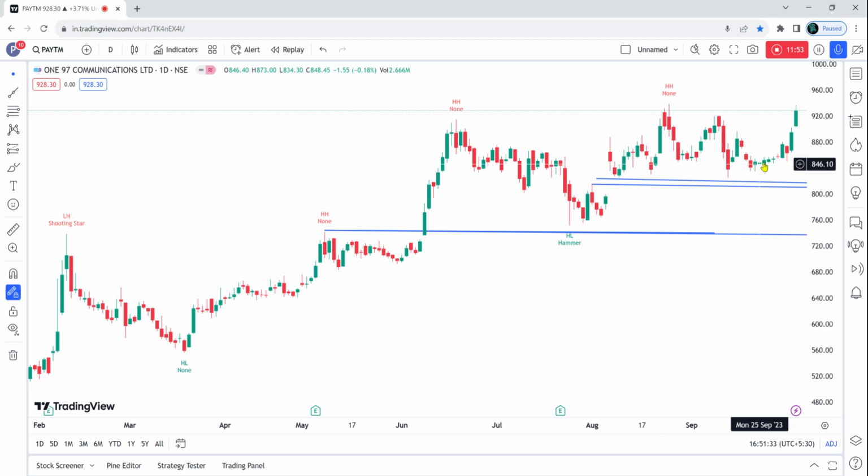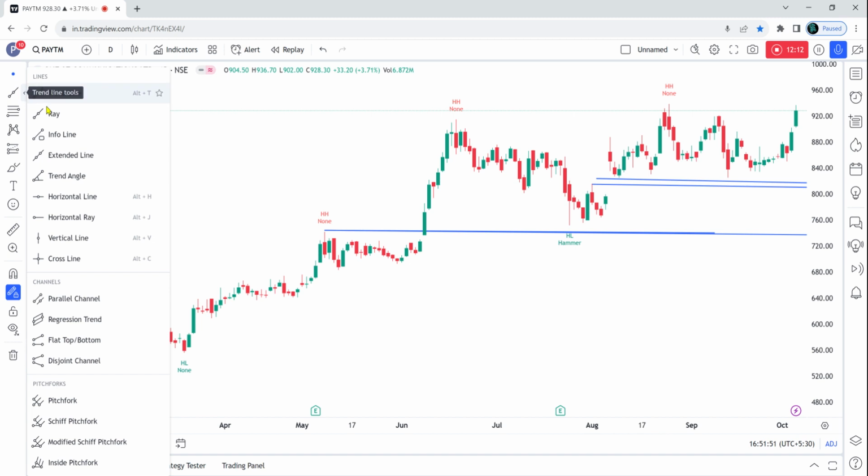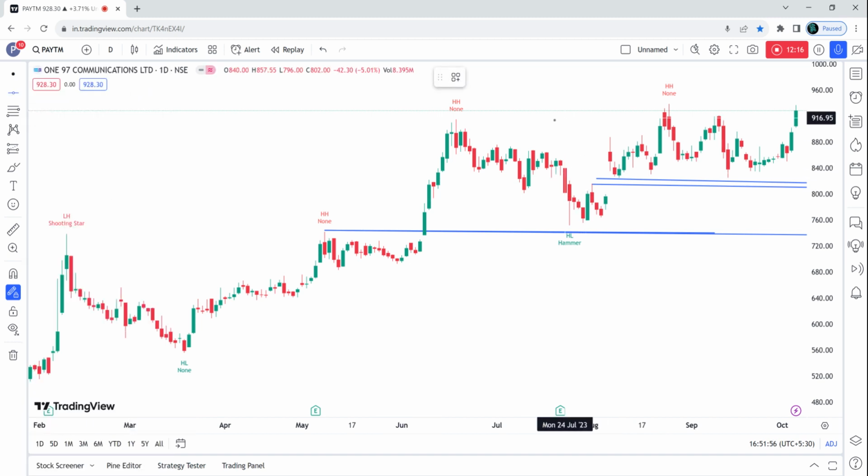And as expected, the Paytm stock has moved up in the last few days. And if you look at the strength in the movement, it has closed above this level on a closing basis. Let me show you the horizontal line.